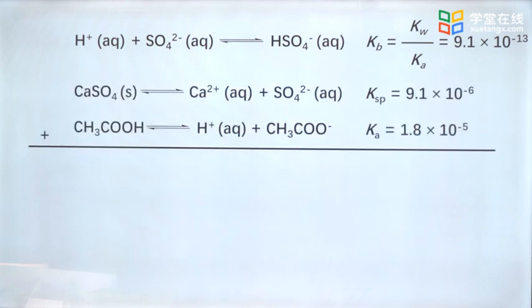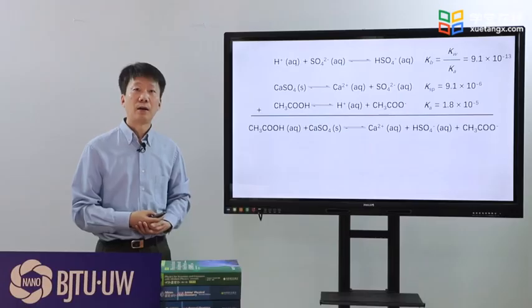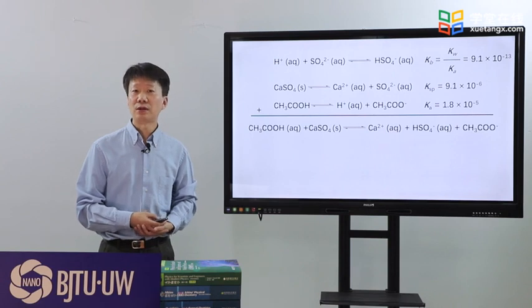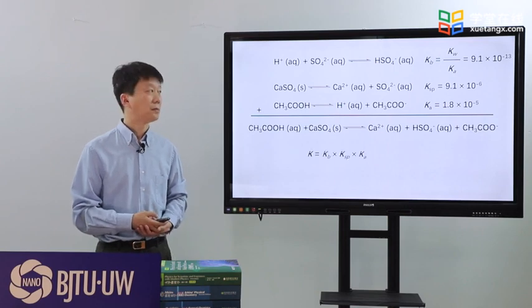Then we add this equation to the other two. We can get the chemical equation of acetic acid reacting with calcium sulfate. The equilibrium constant of this equation will be the product of the equilibrium constants of these three equations.